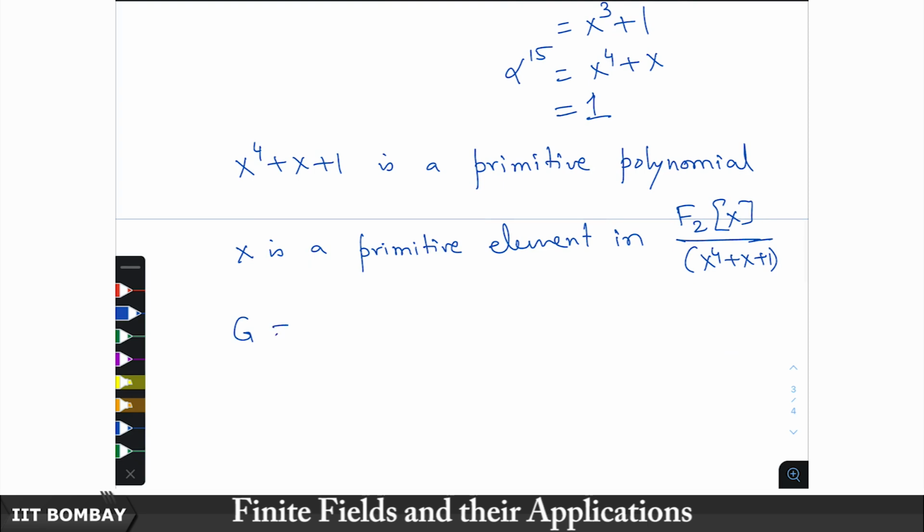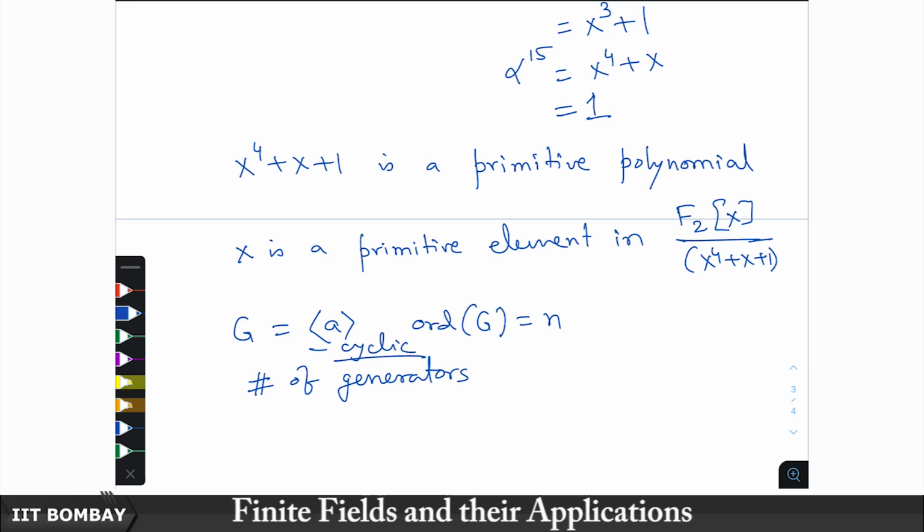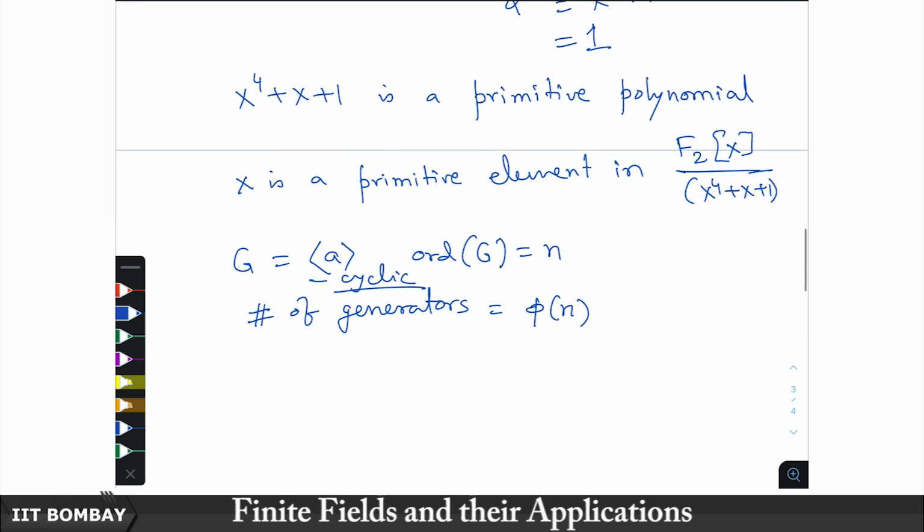If G is a cyclic group with order of G equal to n, clearly generated by a, the number of generators is the Euler's phi function evaluated at n, phi of n.